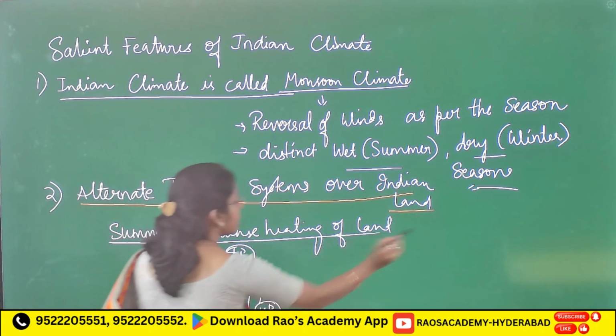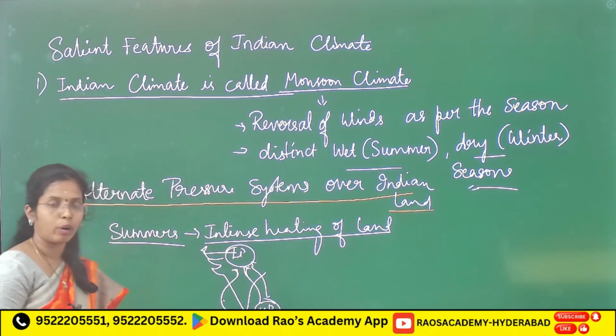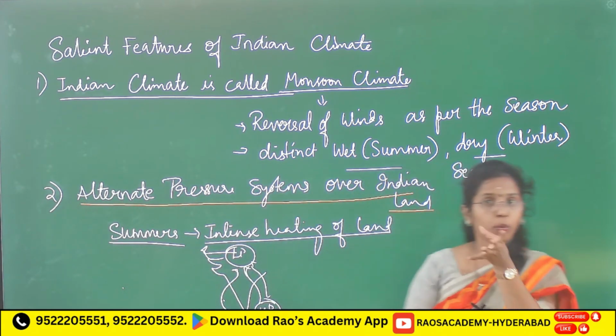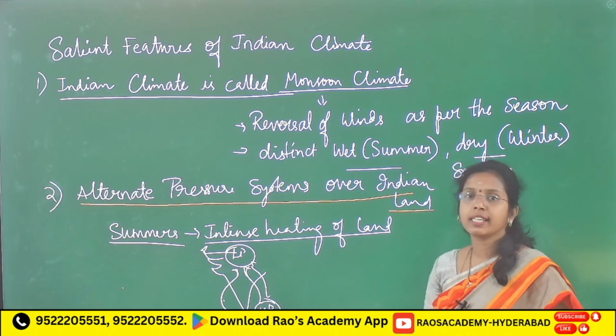Because of intense heating of land, you will see low pressure over land and high pressure over seas. Because of this, winds are attracted towards land and you will see rainfall.